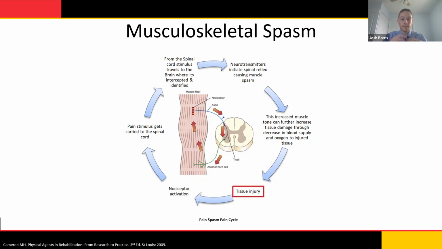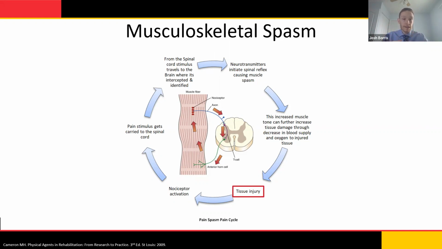So what we think is that the tissue injury is really what starts this cycle going on. This tissue injury leads to nociceptor activation. You then have a pain stimulus, so that gets carried to the spinal cord, and it goes through the whole pain processing pathway with modulation and perception. But then the neurotransmitters go back down through the spinal cord, and this causes the muscle spasm.